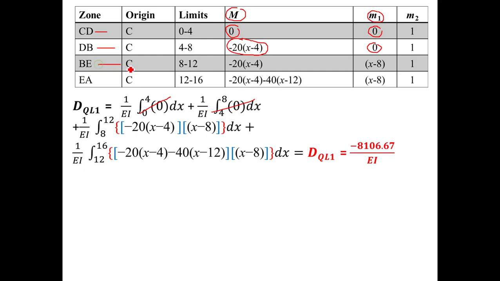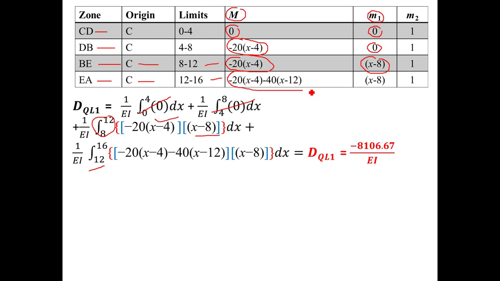Third zone, B to E, origin is C, limits are 8 to 12. Capital M is equal to minus 20 into x minus 4, and M1 is equal to x minus 8. So this is M into M1 in the third zone. Similarly, fourth zone E to A, limits are 12 to 16.